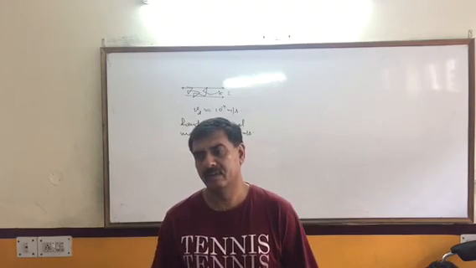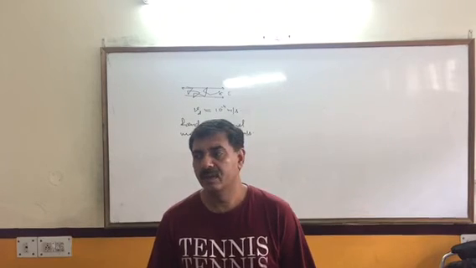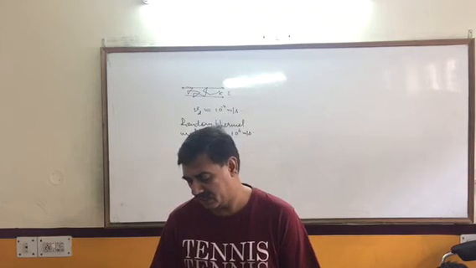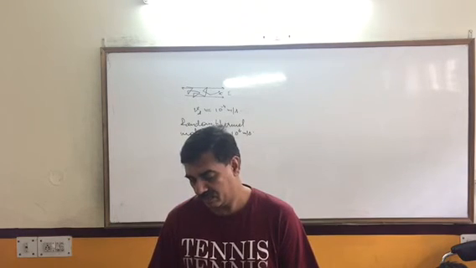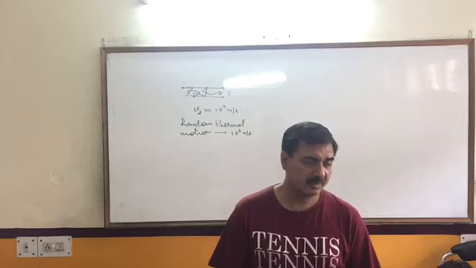Drift speed, which is of the order of 10 to the power minus 4 meters per second, is responsible for current.